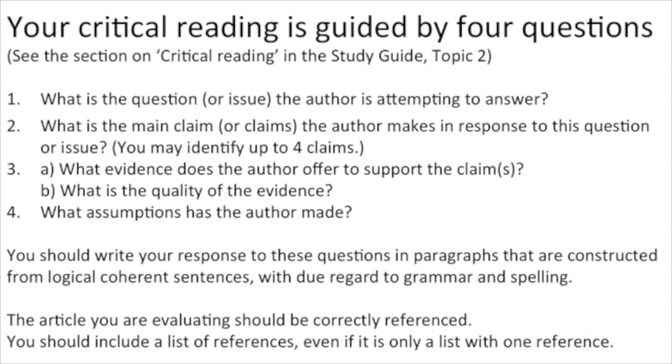And so the fourth question is about what assumptions the author has made as they've written their piece, made their argument and supported it with evidence. So if you answer those 4 questions in dot point form, you've got the basis for your evaluation. Anything you'd like to add to that?